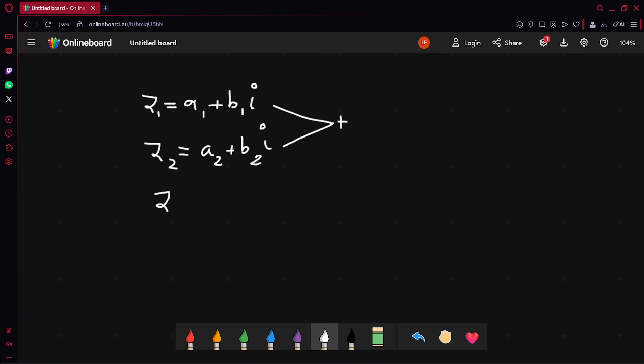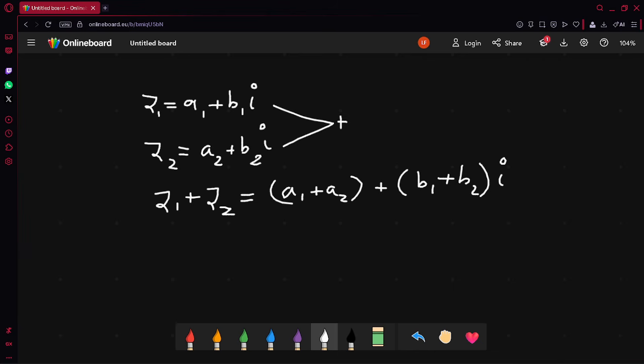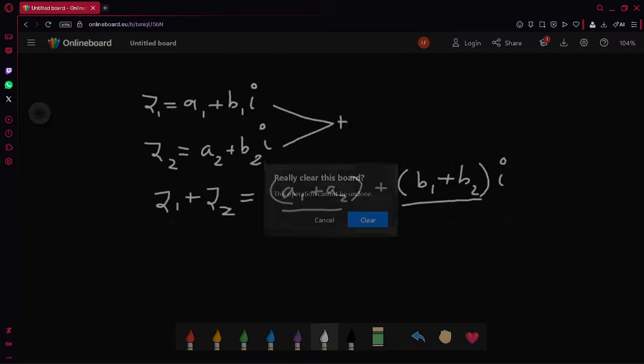So z1 plus z2 should be equal to a1 plus a2 plus b1 plus b2 times i. And as you can see, this is the new real part of z, and this is the new imaginary part of z.